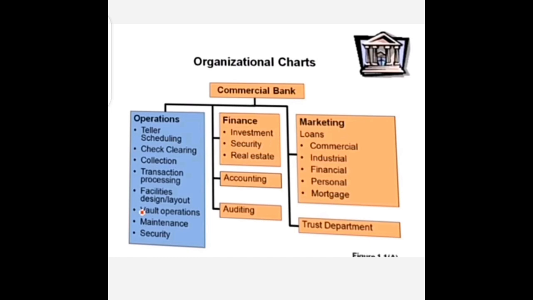So there exist the operations of teller, cashier, collector, maintenance, and security. Then we have finance. In finance, there exist the operations of investment, security, and real estate. Also, there exists accounting and auditing as well. From marketing, there exists commercial, industrial, financial, personal, and mortgages.